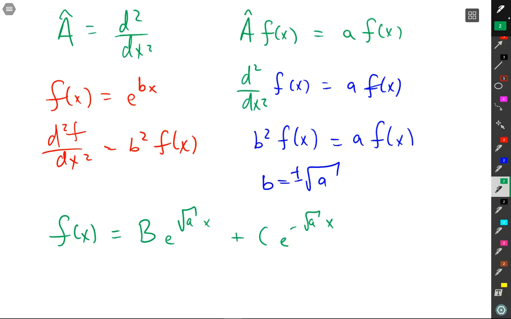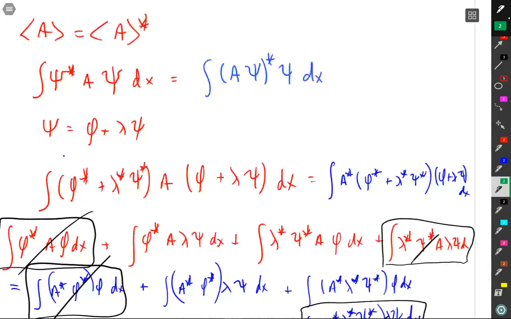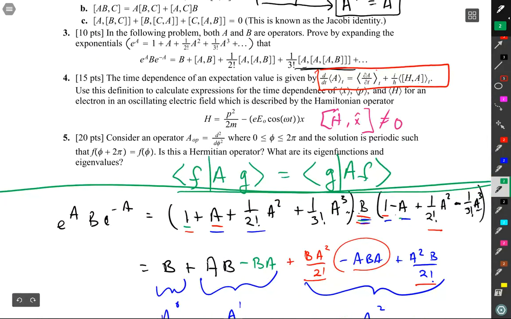You have a problem with that? Okay. Well, I guess I'll go back to the problem then. I was waiting for an answer. It says the solution is periodic, such that f of phi plus 2 pi equals f of phi. And so it's only defined over 0 to 2 pi, and then it repeats.